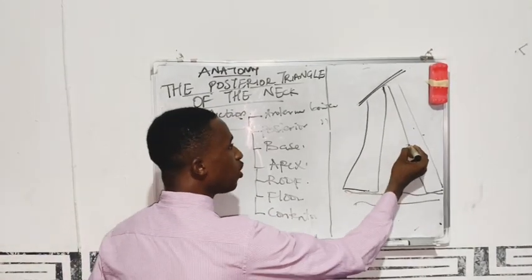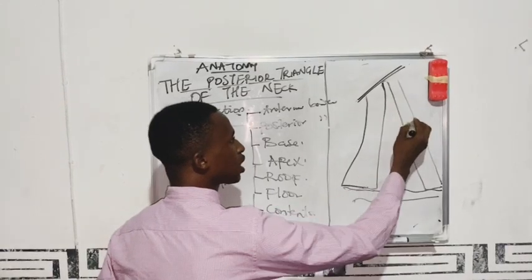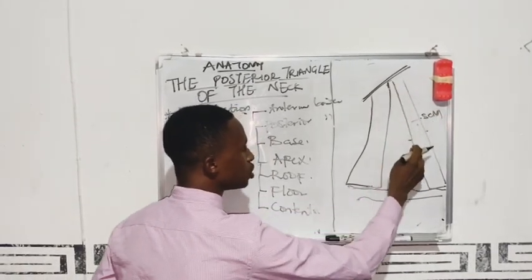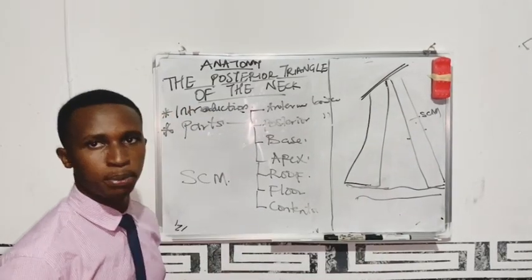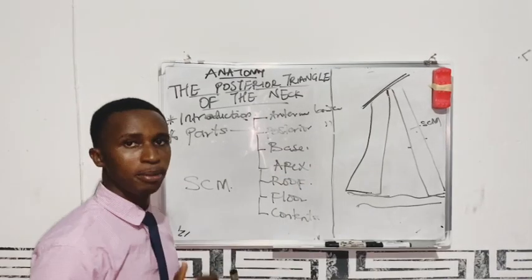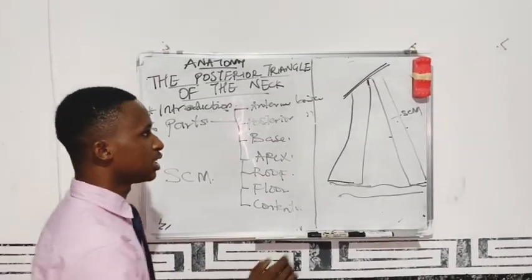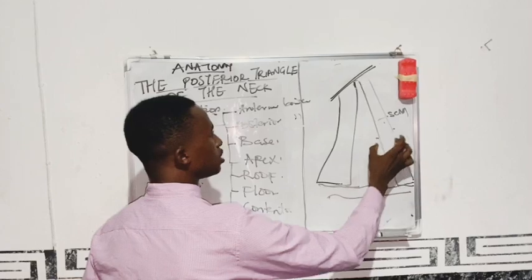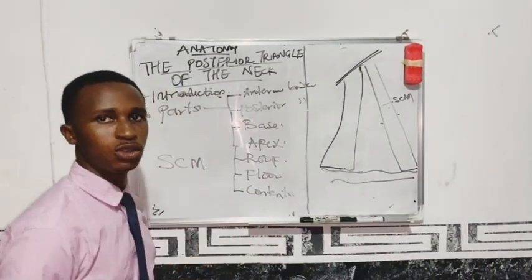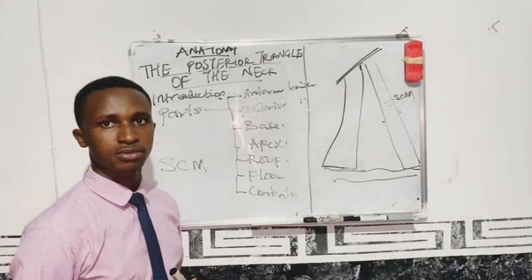The posterior border of the sternocleidomastoid muscle forms the anterior boundary of the posterior triangle of the neck. So what forms the anterior border or the anterior boundary of the posterior triangle of the neck? The anterior boundary is formed by the posterior border of the sternocleidomastoid muscle.